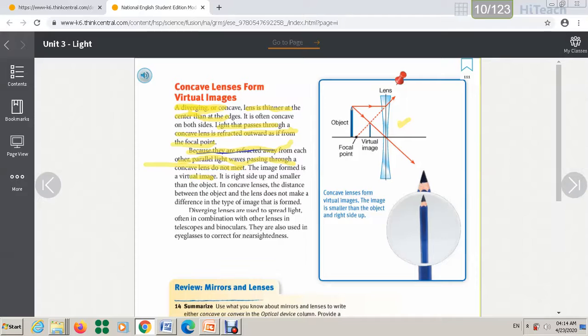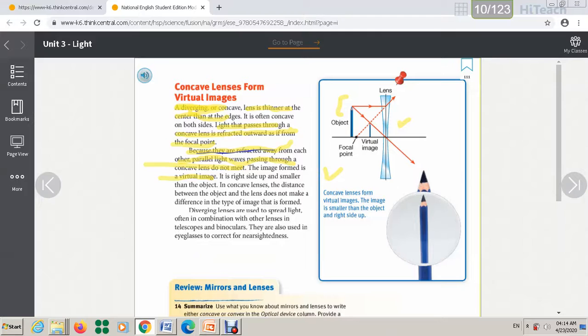It is always a virtual image. Here the property of the image is always the same. Wherever you put the object, it should always be the same. You have to know only two rays are enough to draw it. You have to know also the property of the image that is formed. Look, it is smaller, as you see.